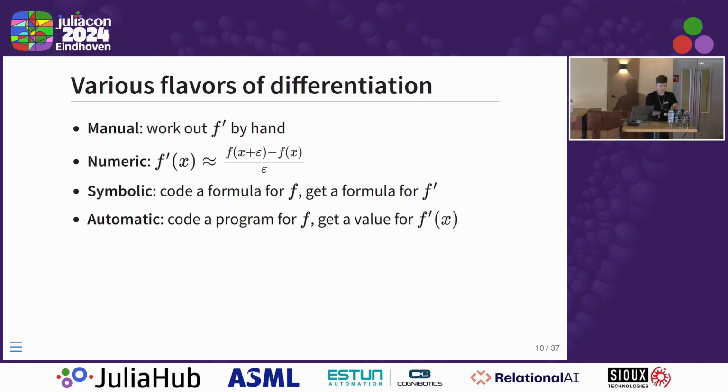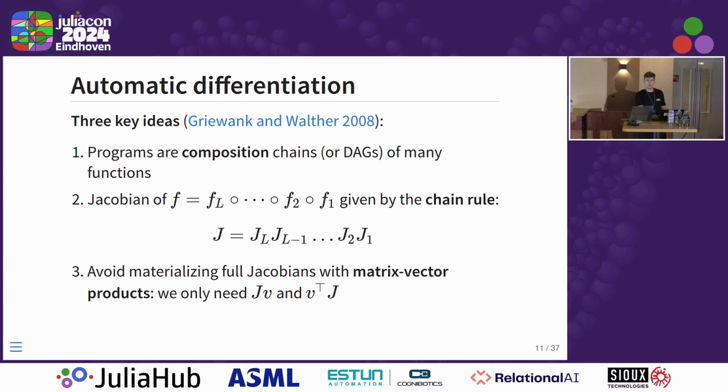Okay, so let's dive a bit deeper into this fourth point, which is automatic differentiation. There are more or less 3 key ideas here. Programs are compositions. This can either be a sequential chain or a directed acyclic graph of elementary functions. And the multivariate chain rule then tells us that the Jacobian of such a composed function corresponds to the product of Jacobians of these individual functions within.